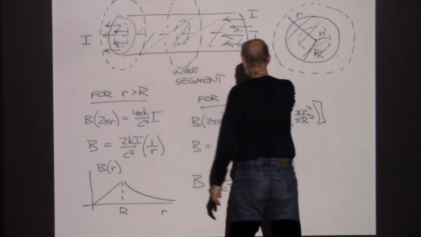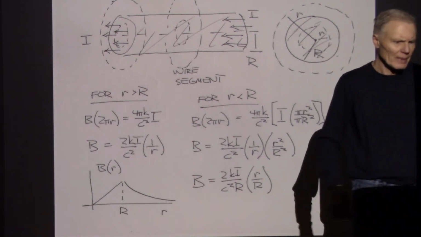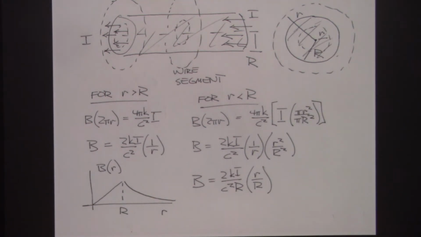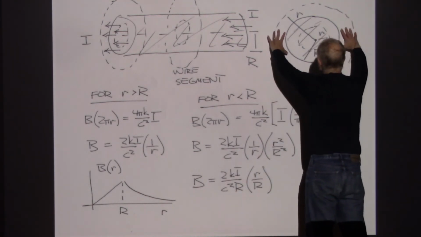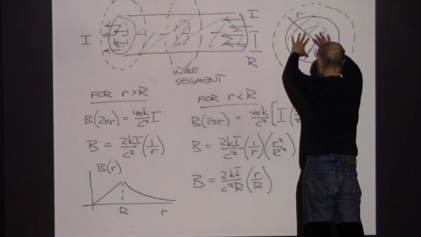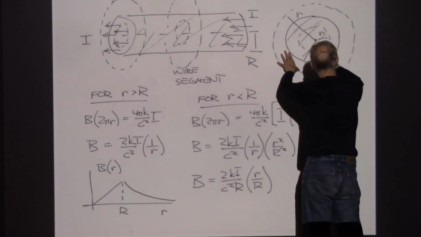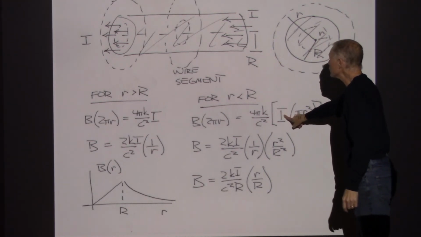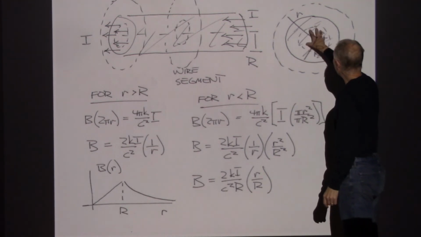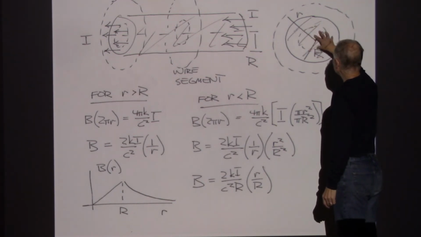Now what happens inside is actually a little more complicated. Let's check time here, because we're good. I think we can finish up this example. So if I'm looking at regions inside, then I don't want to include all the current. The current that I want to include is only the portion inside that area.